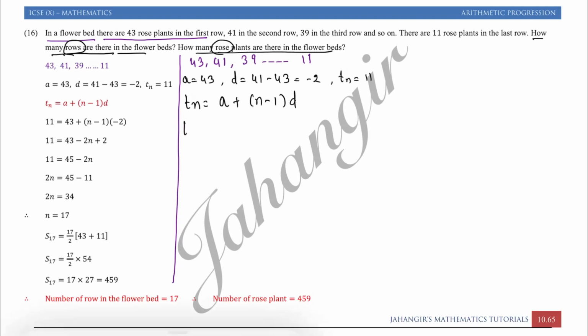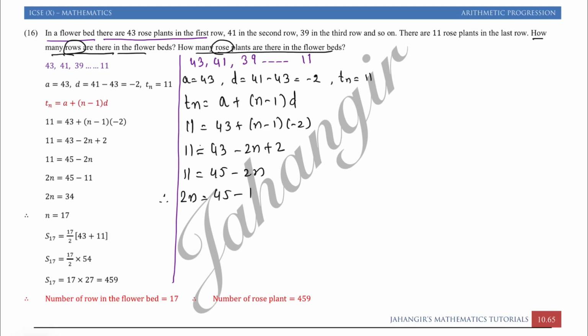Therefore 11 is equal to 43 plus (n minus 1) into minus 2. 11 is equal to 43 minus 2n plus 2. 11 is equal to 45 minus 2n. So 2n is equal to 45 minus 11. 2n is equal to 34. Therefore n is equal to 17. So the number of rows is 17.